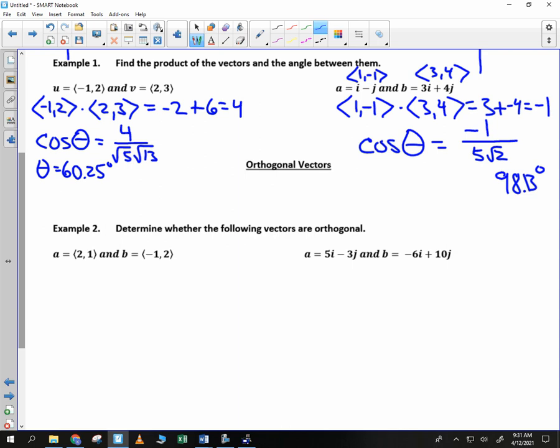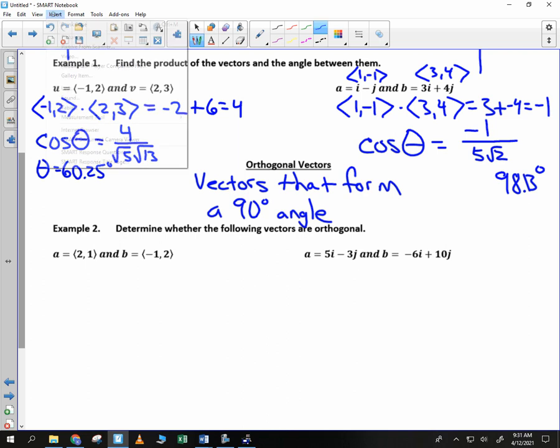We're just going to classify a couple terms. Orthogonal vectors are vectors that form a 90-degree angle. And there's this really cool way we can see if vectors form a 90-degree angle right away.